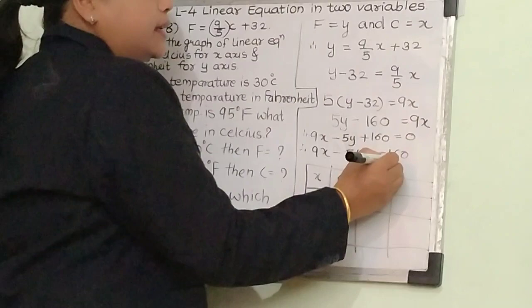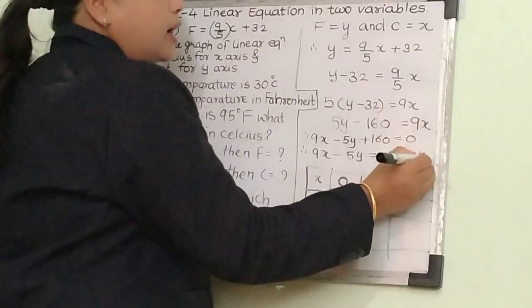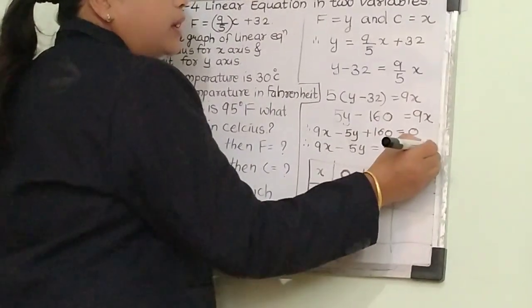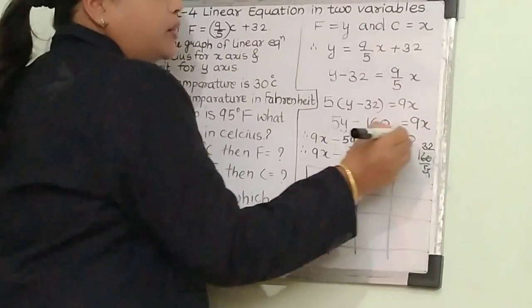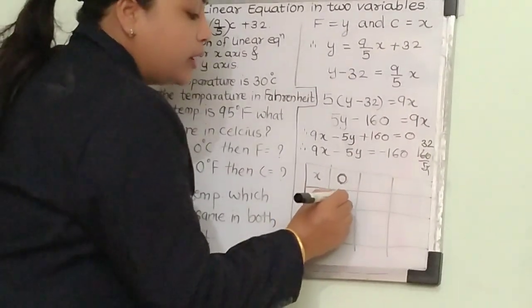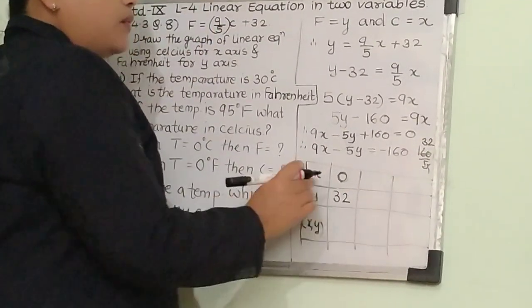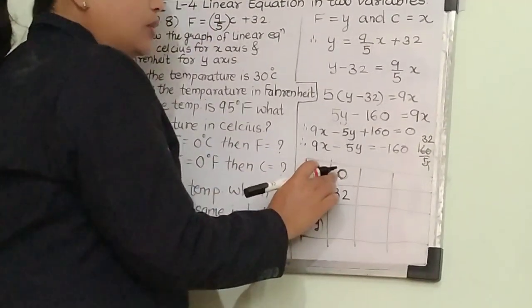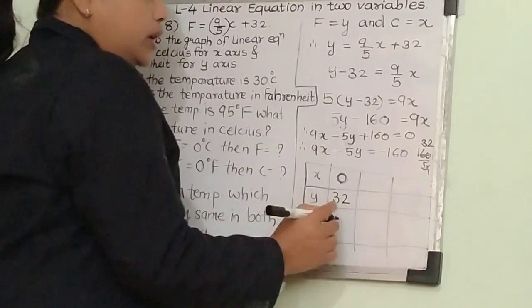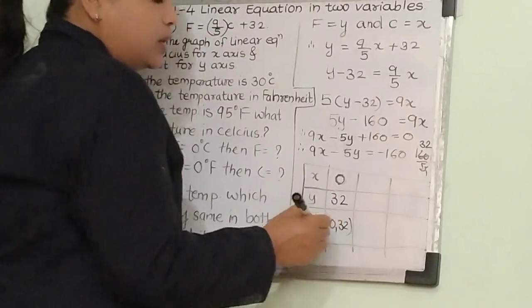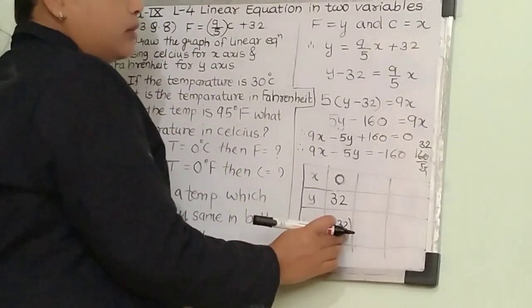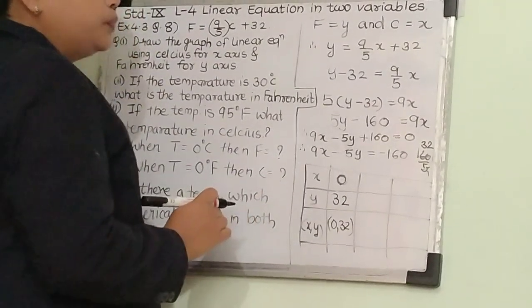So you will get 160 upon 5. 5 ones are 5, 5 threes are 15, and 5 twos are 10. So when we put x equals 0 in this equation, we get y equal to 32, and that is our first coordinate, that is 0, 32.